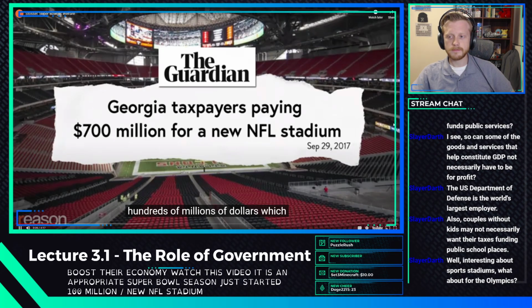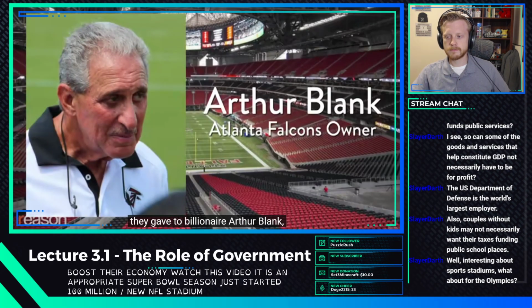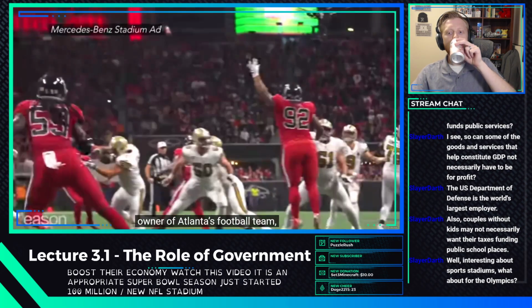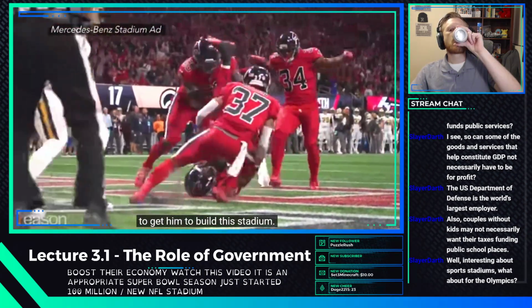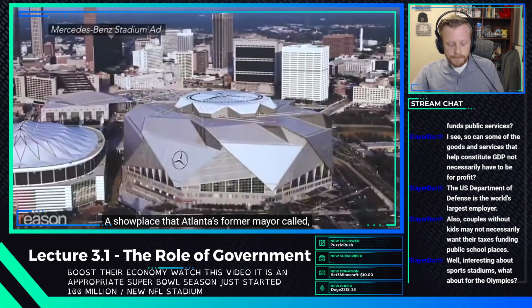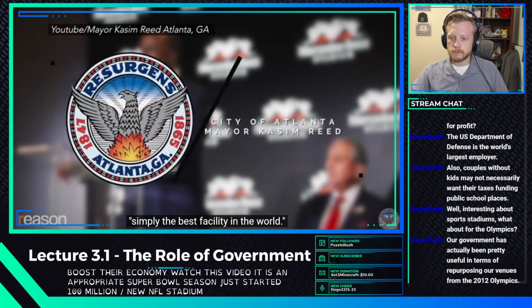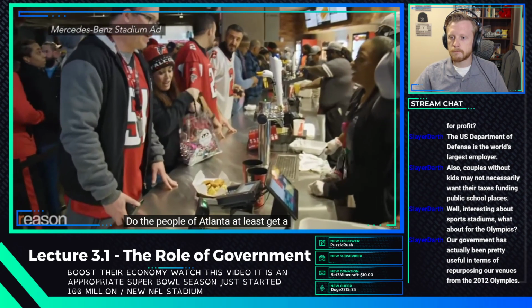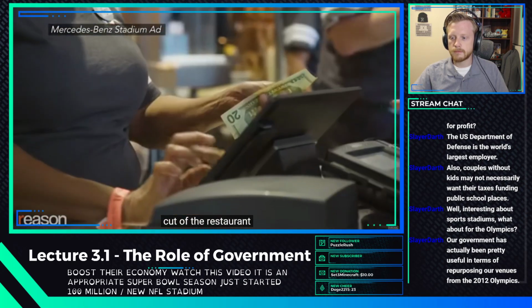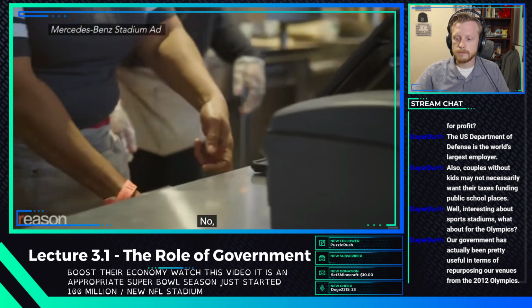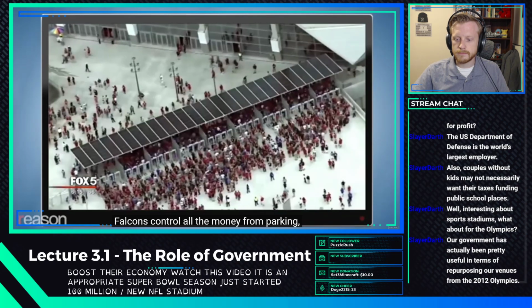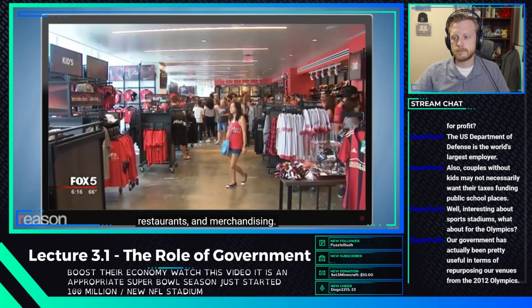Hundreds of millions of dollars, which they gave to billionaire Arthur Blank, owner of Atlanta's football team, to get him to build this stadium, a showplace that Atlanta's former mayor called, simply the best facility in the world. Do the people of Atlanta at least get a cut of the restaurant and merchandising revenue? No. Falcons control all the money from parking, restaurants, and merchandising.